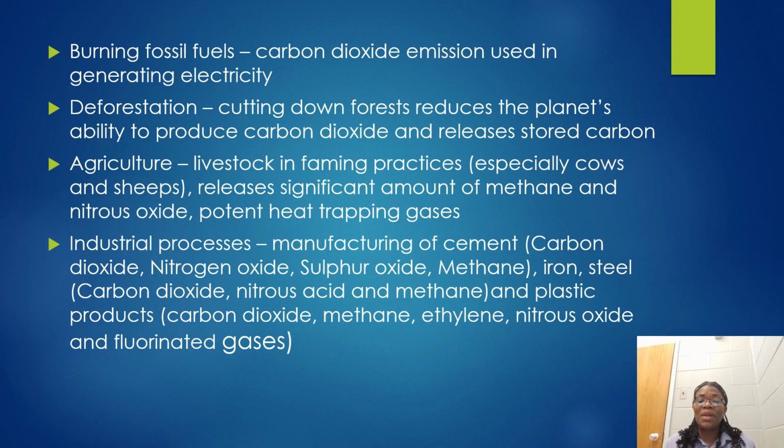Then in plastic product companies, you have gases like carbon dioxide, methane, ethylene, nitrous oxide, and fluorinated gases being released into the atmosphere. So as long as these industries continue producing these products, these different compounds are released into the atmosphere, thereby causing global warming.